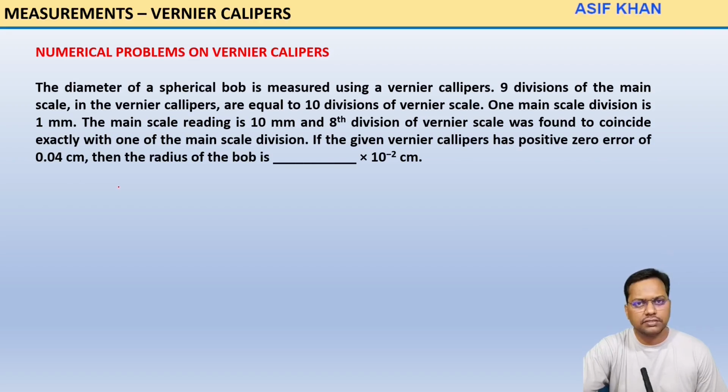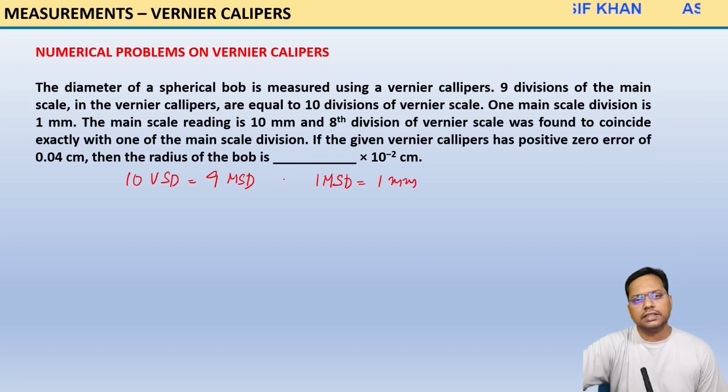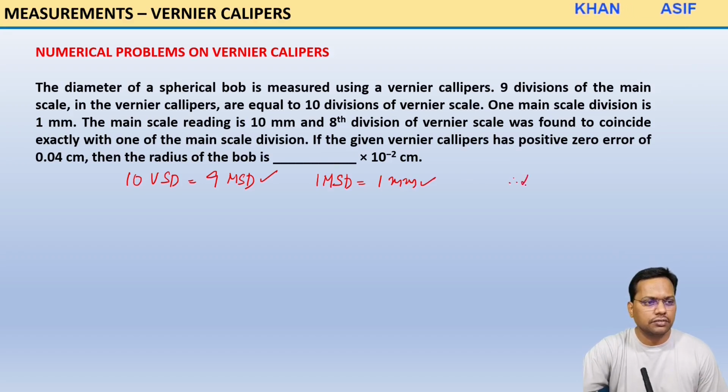The first one is the Vernier calipers principle, that is 10 VSD is equal to 9 MSD. And the next one is the value of 1 MSD, that is 1 MSD is equal to 1 mm. Since 10 VSD is equal to 9 MSD and 1 MSD is equal to 1 mm, it is a standard Vernier calipers. Therefore the least count is 0.1 millimeter.